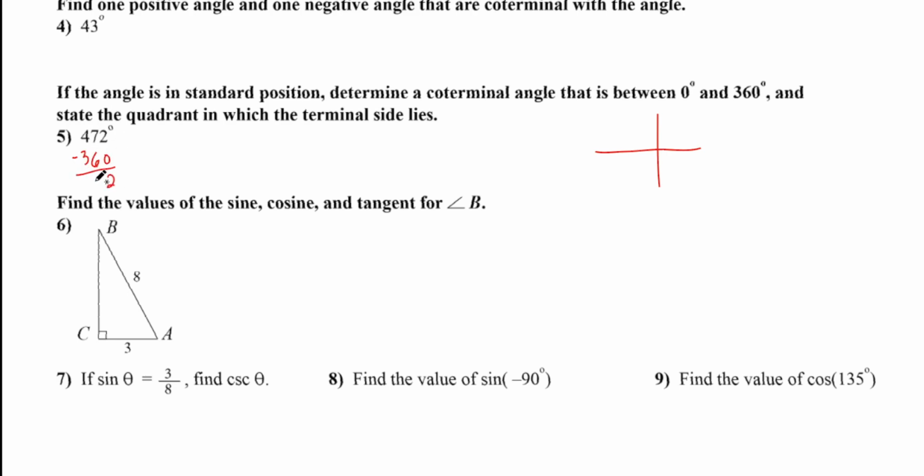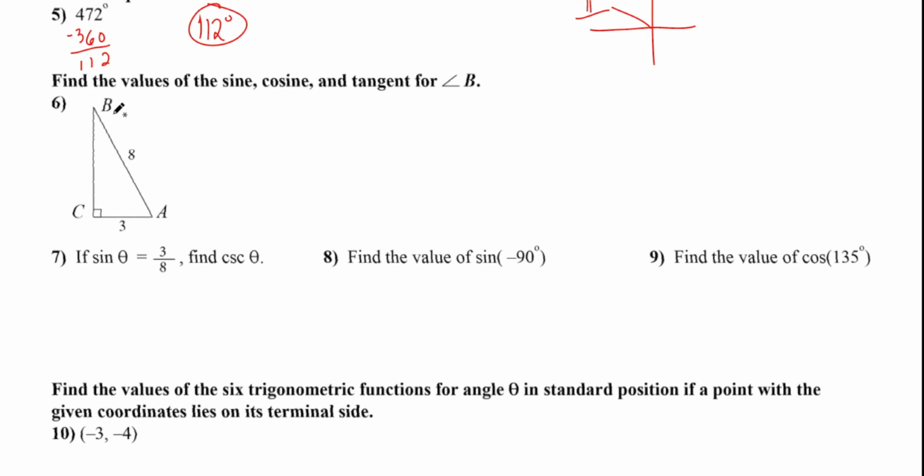So that would be 112 degrees. Determine a coterminal angle. That's your coterminal angle, and state the quadrant where it lies. So where is it? It's in here somewhere, isn't it? What quadrant is that? That's the second quadrant. That's what there is to that. I can't remember if I put it on, but it's easy to do. Figured we went over it just in case I forgot.